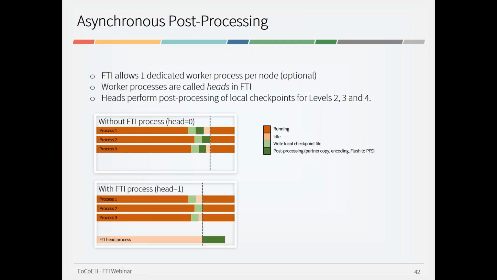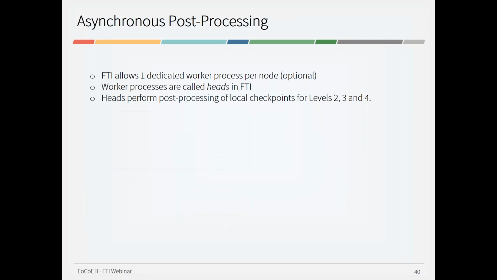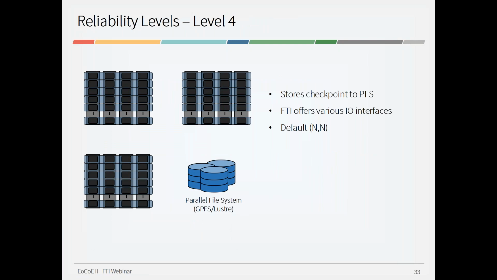This is the case where we have a dedicated FTI process, so one head process per node. And we have the 3 processes again. They write the data locally to the nodes, and the FTI head process post-processes this checkpoint further and transforms it to the corresponding checkpoint file.